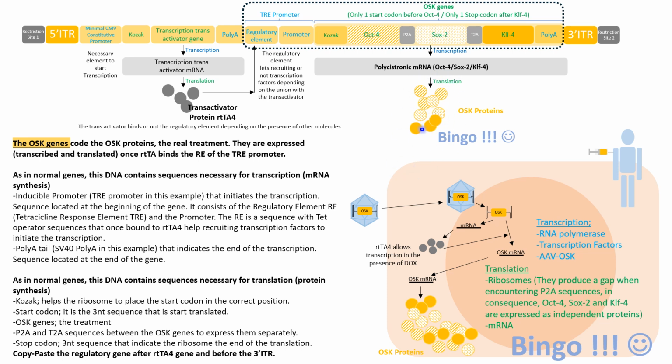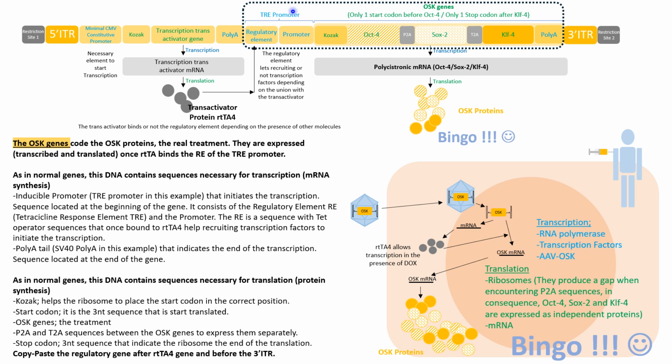Okay, so the first thing that we need to express, remember, expressing means transcription and translation. Transcription is production of mRNA, and translation is production of proteins. So, the information necessary for transcription: as you have seen in the previous gene, we have a promoter and a poly-A sequence.